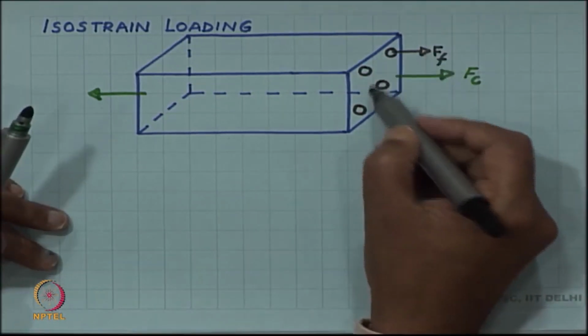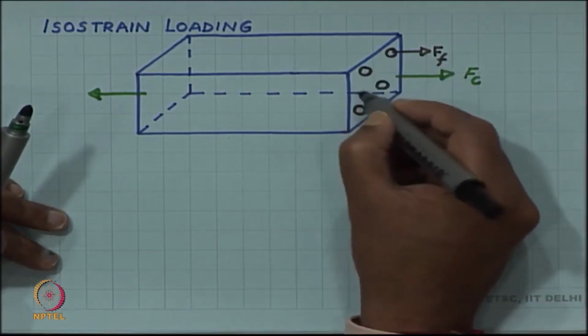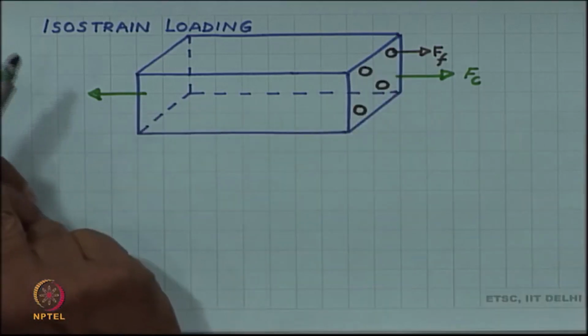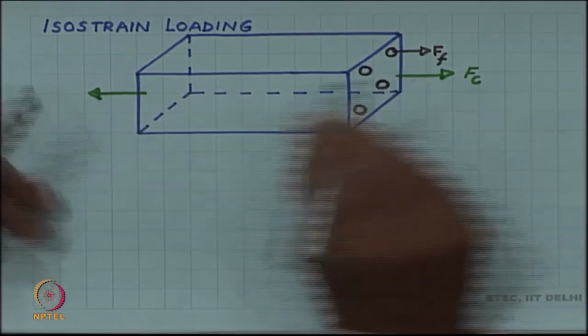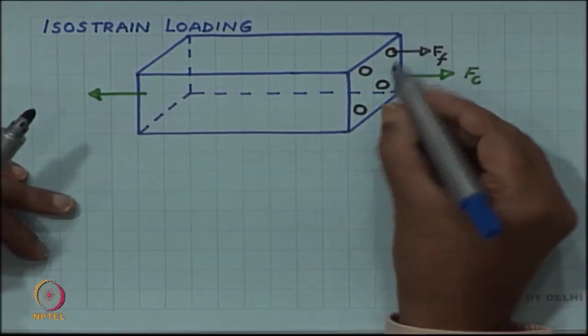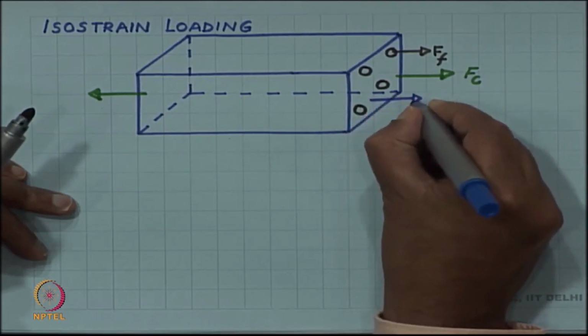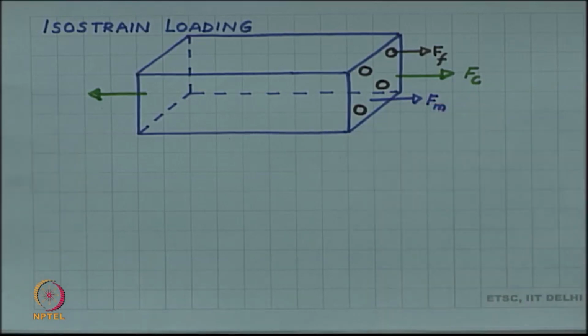By Ff I mean the sum of the forces acting on the entire cross section given by the fiber, and similarly on the matrix there is a force Fm.